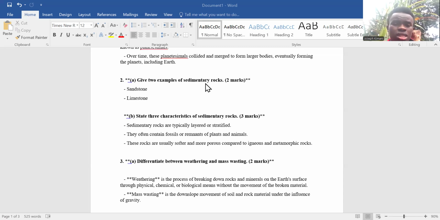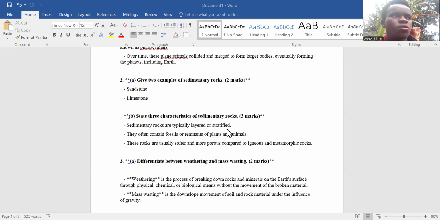For the examples, you have sandstone and limestone. Now, for the characteristics, we can say sedimentary rocks are typically layered or stratified. For a sedimentary rock to be formed, it involves the formation of several layers. This layer is maybe for rocks which come from a nearby parent rock.